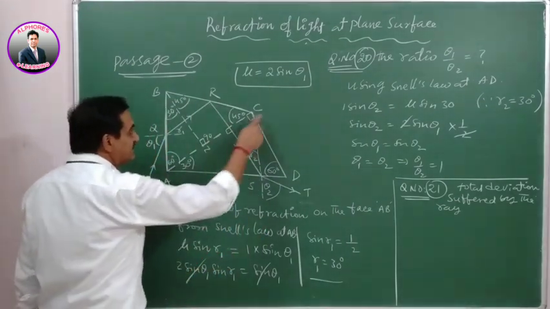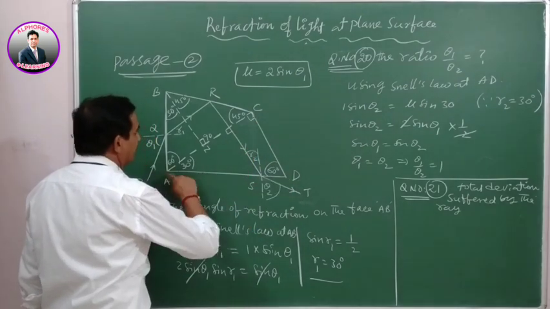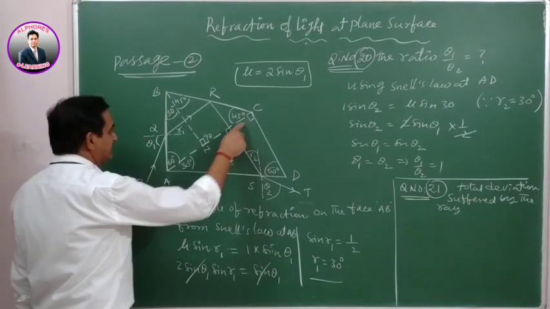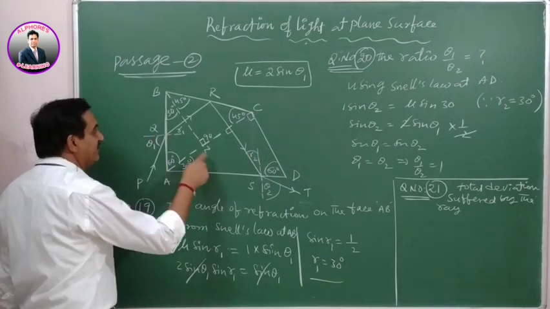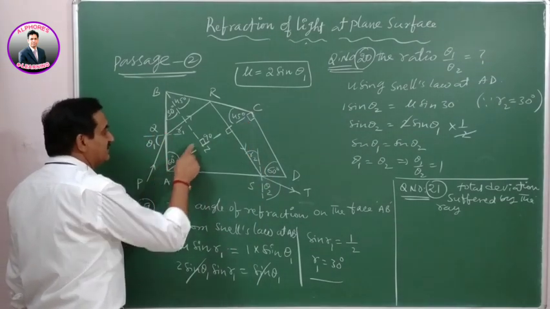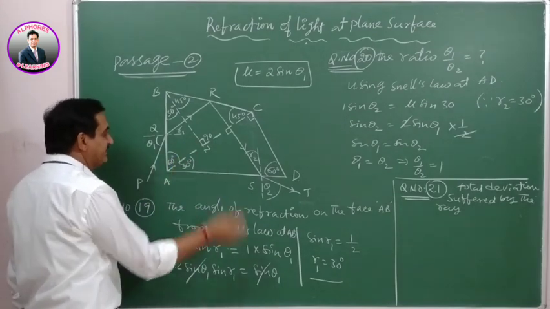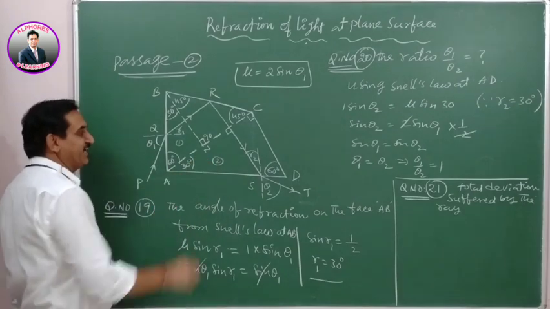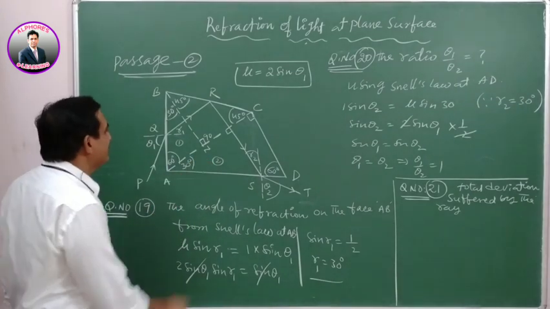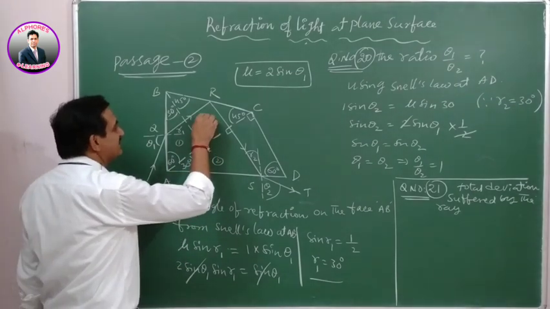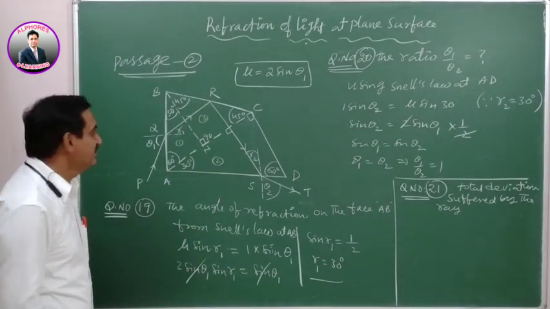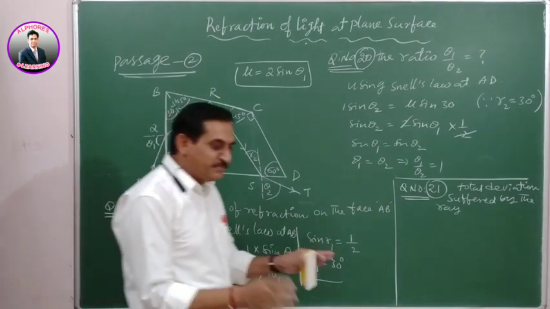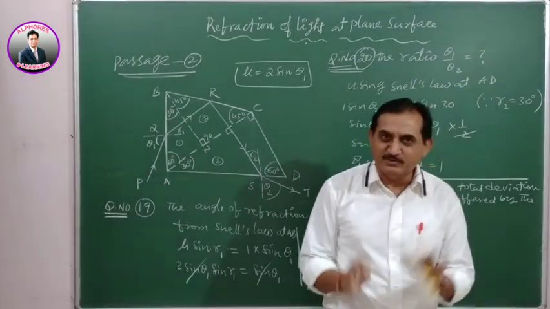One is ACD, 30, 60, 90, and ABN, 30, 60, 90. These 2 are identical. 1 and 2, these 2 prisms are identical. And the third one is an isosceles right-angled prism, 45, 45, 90. So these 3 prisms are combined together as a whole.